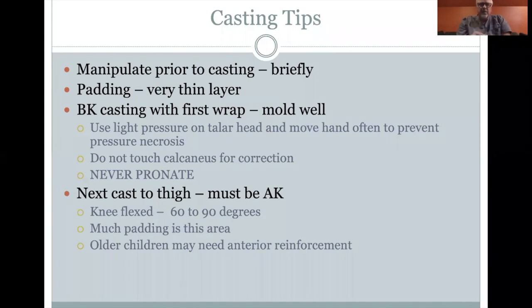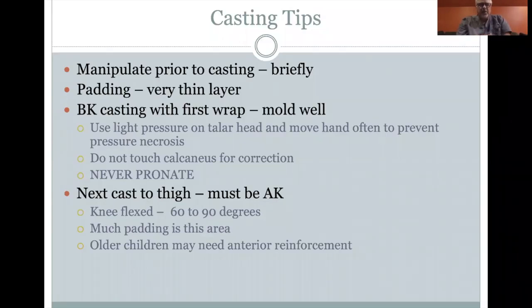If you continue to push on the talar head the entire time, you're going to create an indentation in the cast, and that's going to cause a pressure sore over that area. You never touch the calcaneus for correction, and you never pronate the foot. You're always supinating the foot and then moving it into abduction.